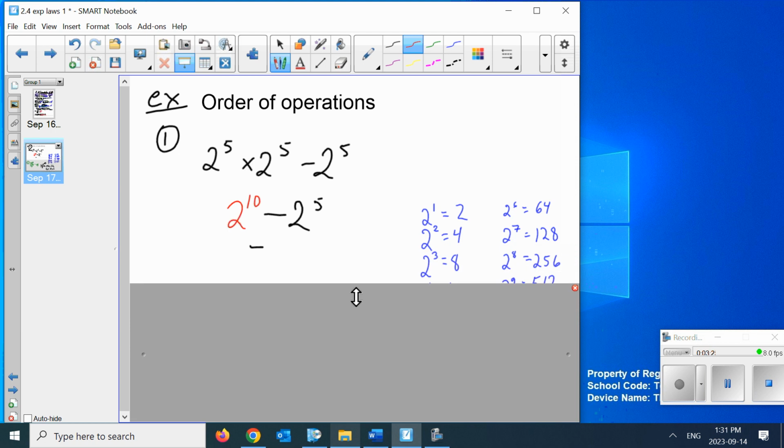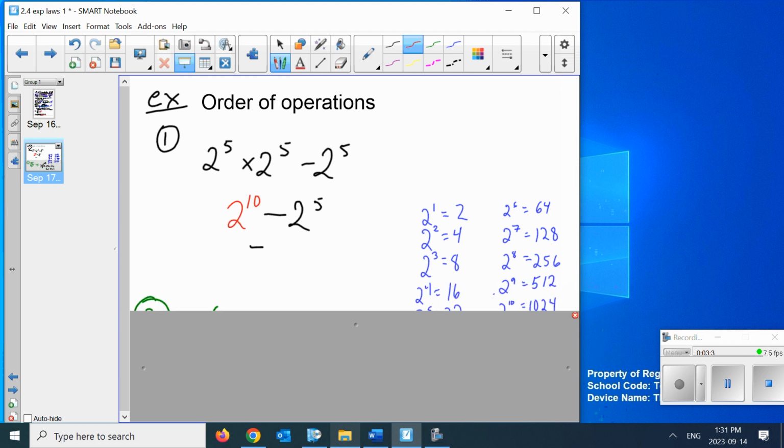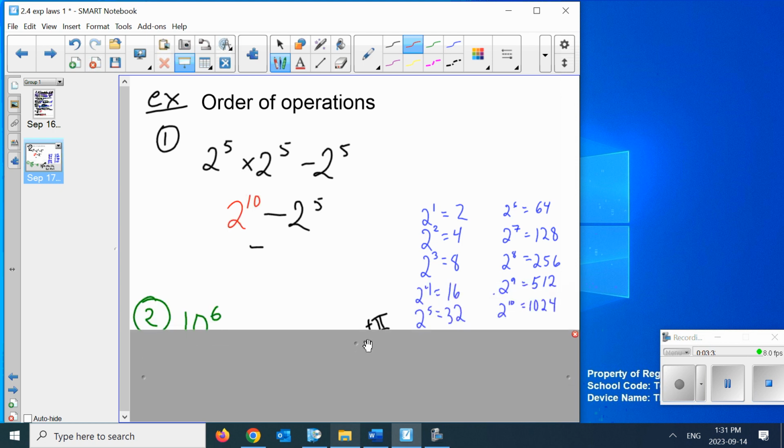And then I've got subtraction. I guess I have to do the exponents now. 2 to the 10 happens to be 1024. If you just double things, take all the powers of 2, you just get to know them. This is 1024, subtract 32.